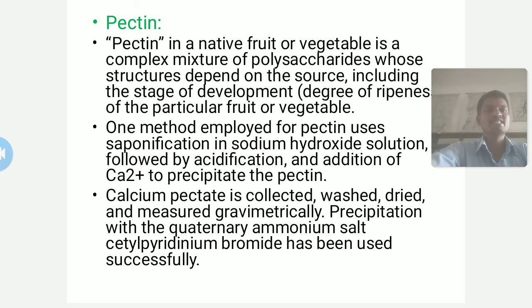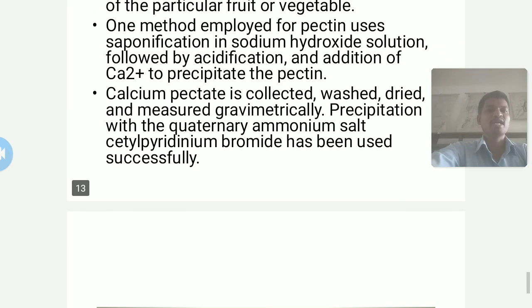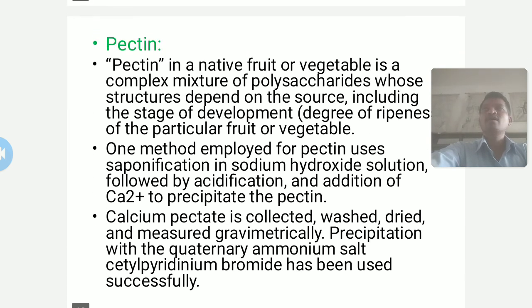So gravimetric analysis is used for the estimation of pectin. Precipitation with the quaternary ammonium salt cetyl pyridinium bromide has also been used successfully. Okay, so this is all about the estimation of polysaccharides, including total starch and non-starch polysaccharides.